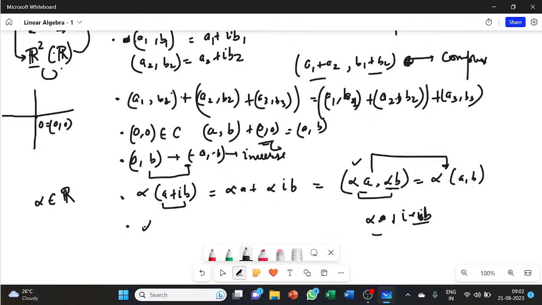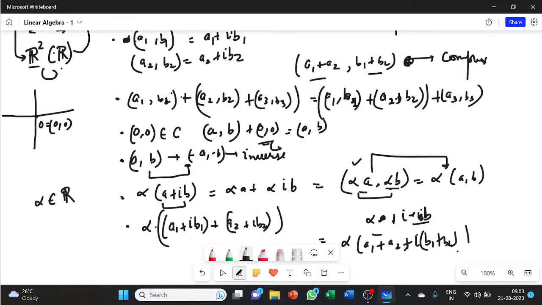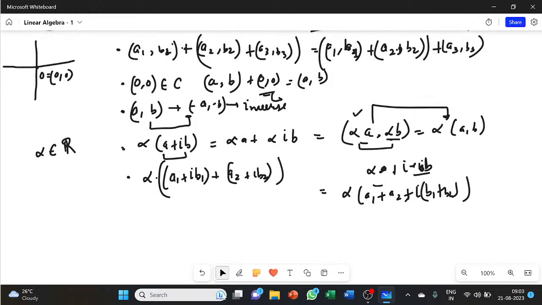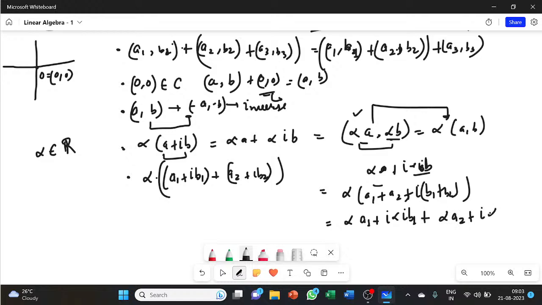You can verify on your own that alpha times the sum of a1 plus iota b1 and a2 plus iota b2 gives alpha times a1 plus a2 plus iota b1 plus b2, or alpha times a1 plus iota alpha b1 plus alpha times a2 plus iota alpha b2.